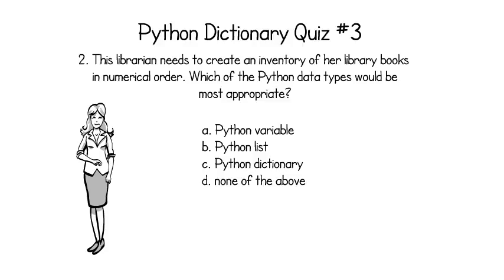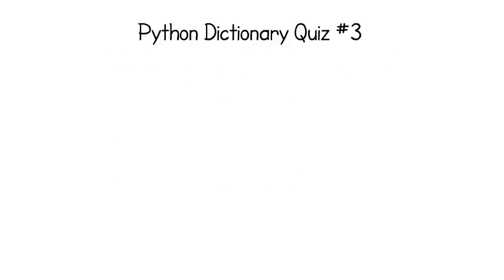The librarian needs to create an inventory of her books in numerical order. Which of the Python data types would be most appropriate? The answer is a Python list. Since the librarian needs to have her books in numerical order, she can put the titles in a Python list so that each book will have an ordered index position.